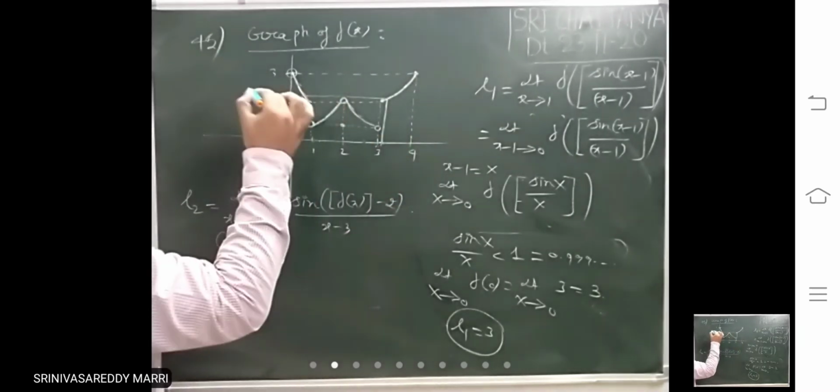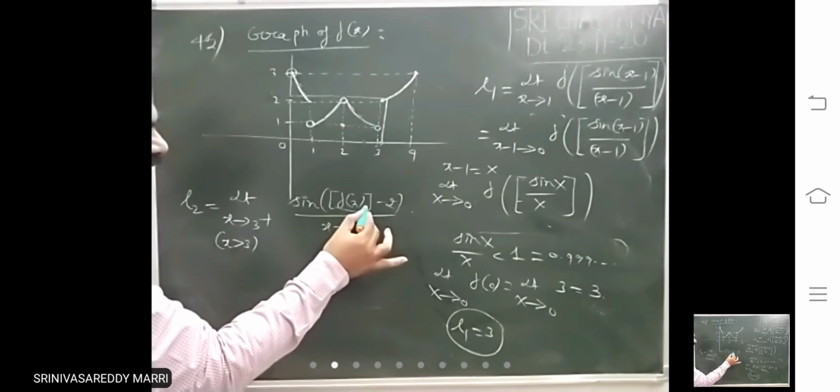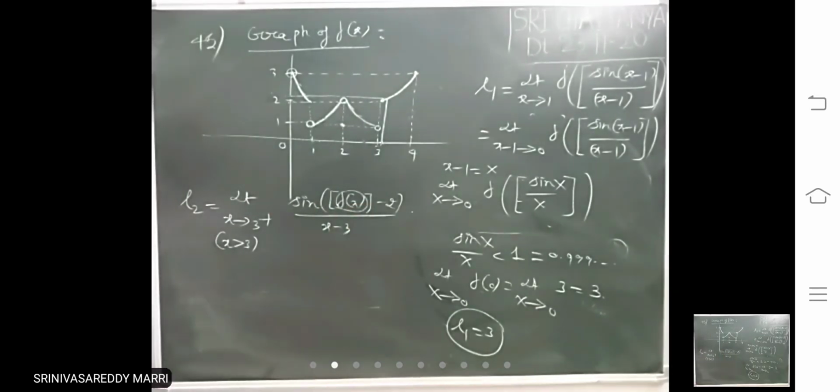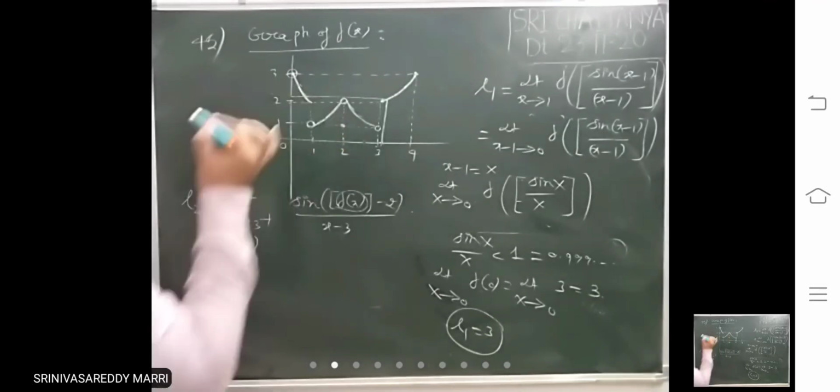What will you get as the value? 2 point something. That means this f of x will be there, f of x close to 3, that means it is like 2 point something.